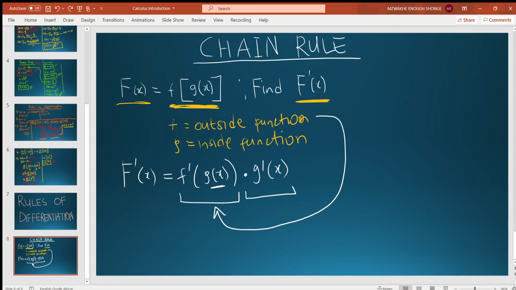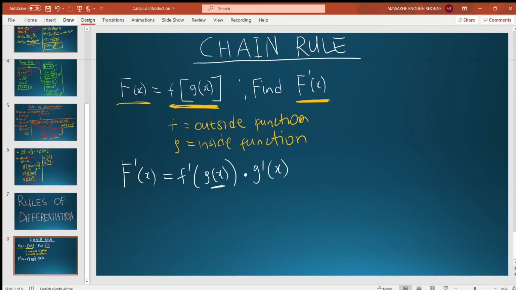Now let's make an example. I'm sure a lot of you guys are confused, but an example clarifies things. So for example, let's say you have f of x equals x squared plus 3, to the exponent 10.